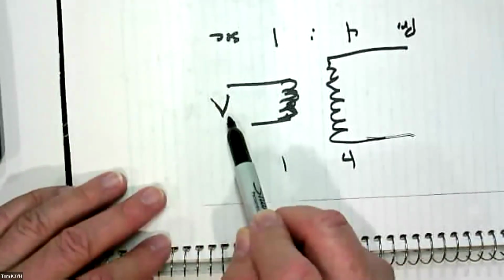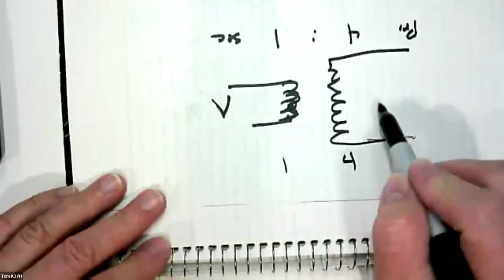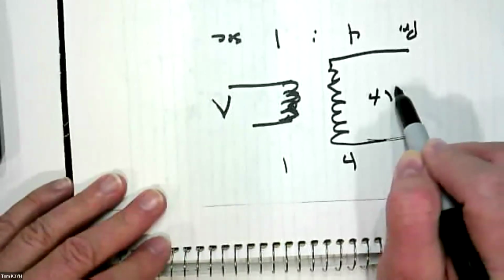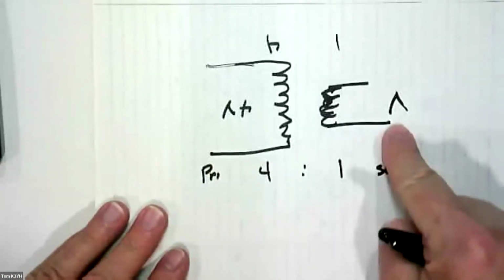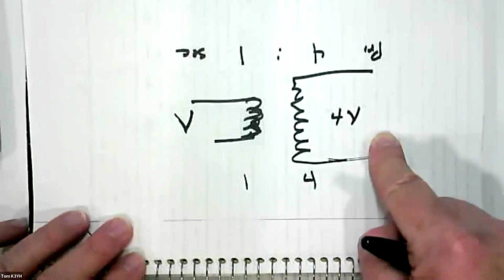So when I configure it this way, if I put a voltage on this input here on the secondary, because of the 4 to 1 winding, the voltage out here is going to be 4V. Just like, when I had it this way, I had 120 and I got 30. Well, I could do it the other way around. I could put 30 here and I would get 120 here. So it's basically the input voltage times 4, because you've basically turned it upside down and made it into a step up transformer.